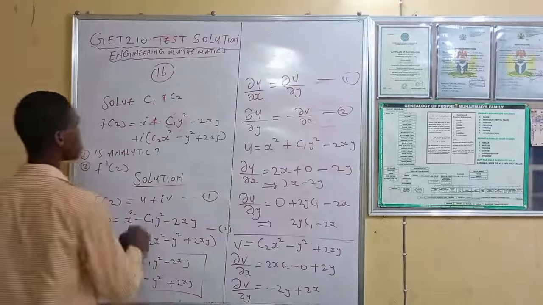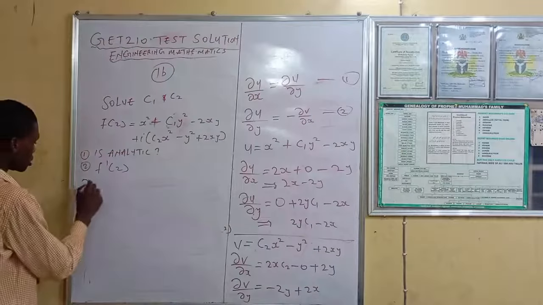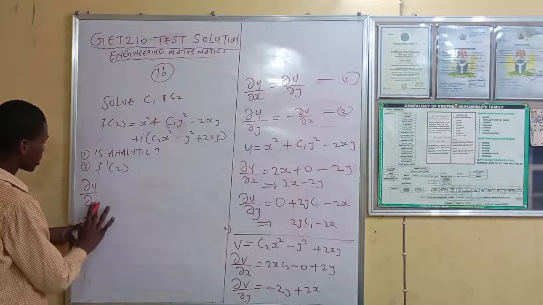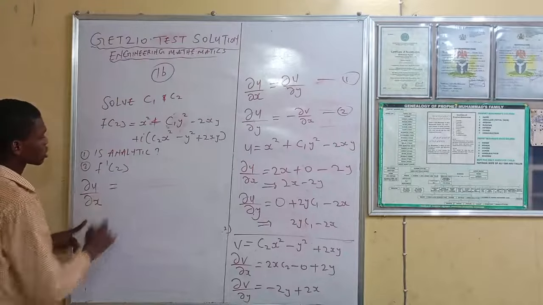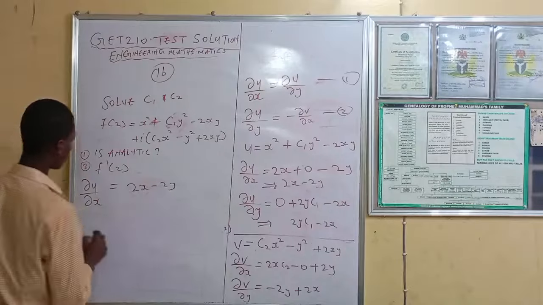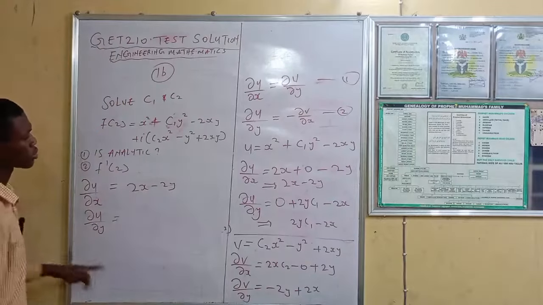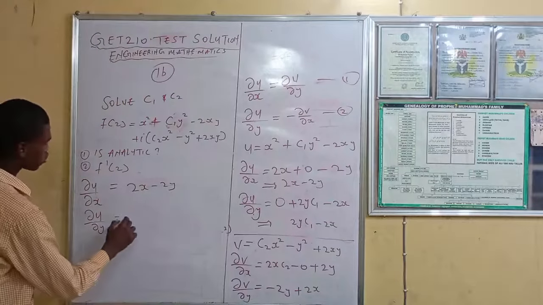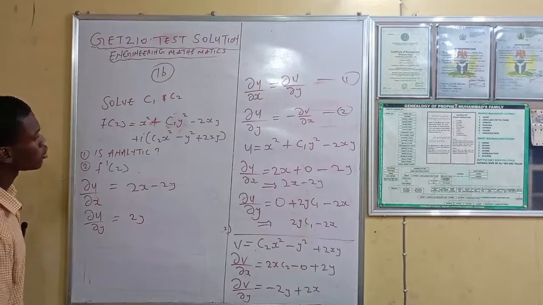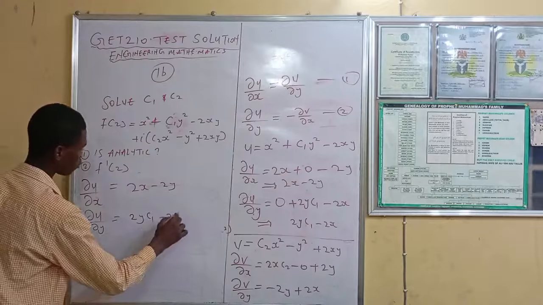Let's bring our respective partial derivatives out. Du over dx, my du over dx is what? Partial derivative of u with respect to x: 2x minus 2y. Partial derivative of u with respect to y is equals to what? 2y c1 minus 2x.